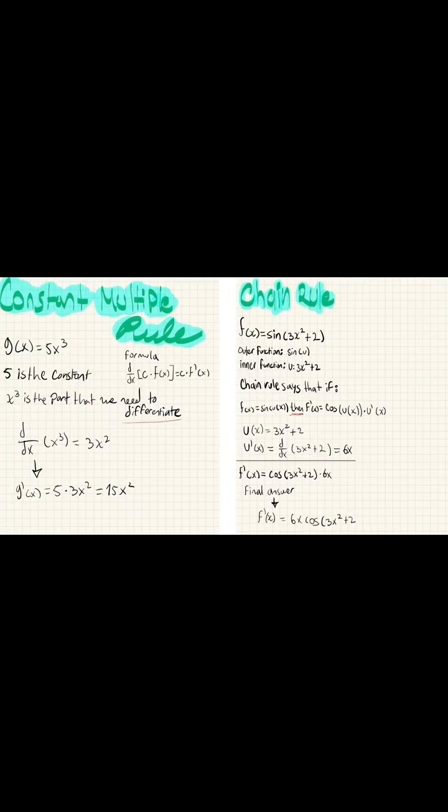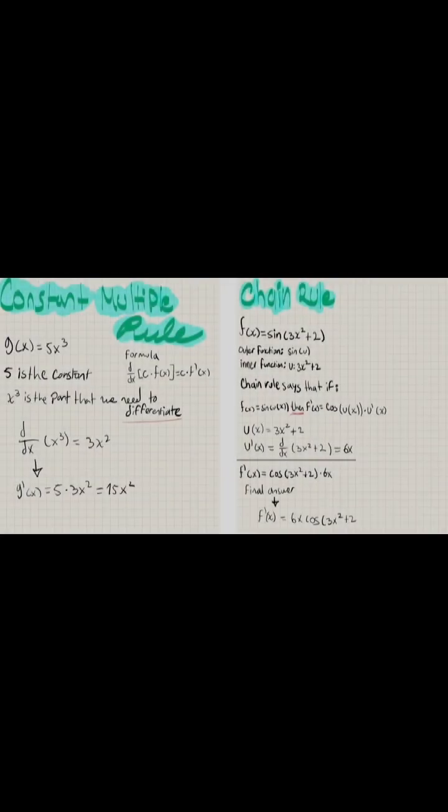We have here the constant multiple rule. Well, here we have the exercise, g(x) equals 5x to the third power. It's very simple what we're going to do. First, we have the constant, the number 5. So we will multiply the number 5 by the power of x, in this case x to the third power.